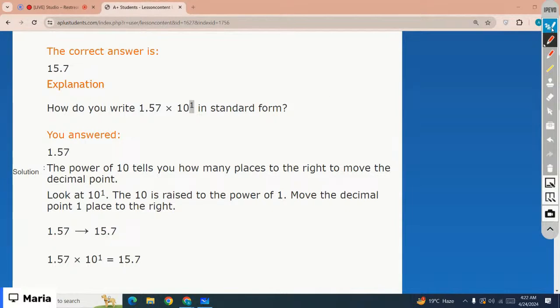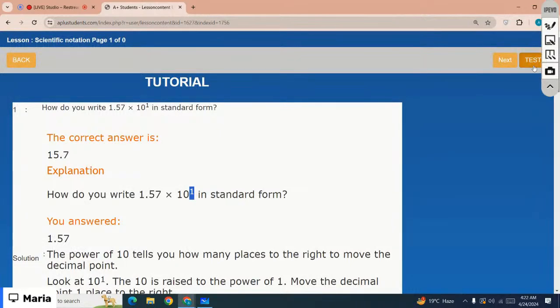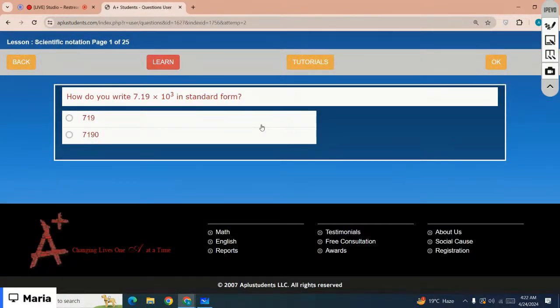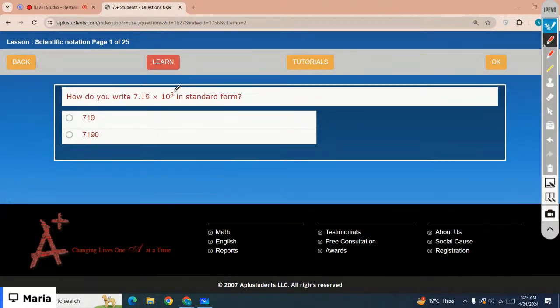Okay, let's just start with the test questions. How do you write 7.19 times 10 exponent 3 in standard form? Okay, so here the exponent of 10 is 3, right?